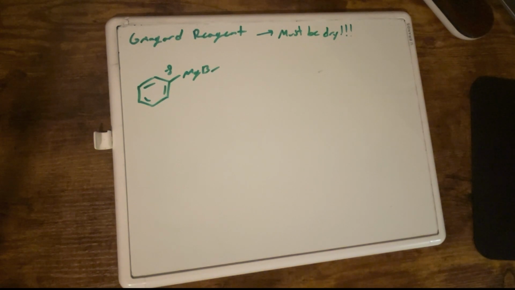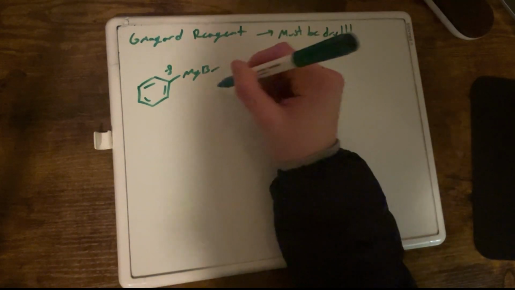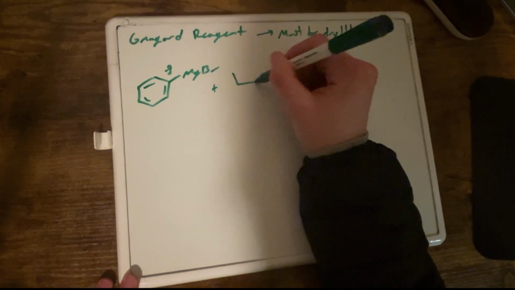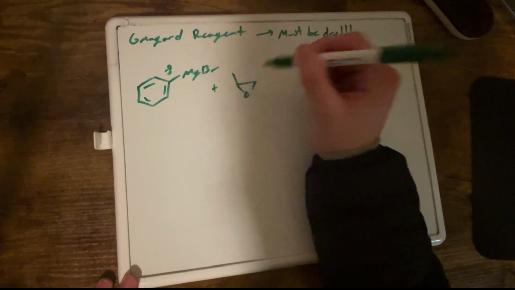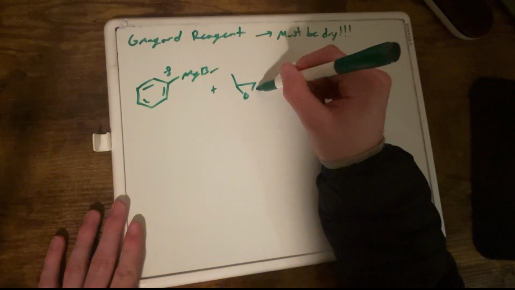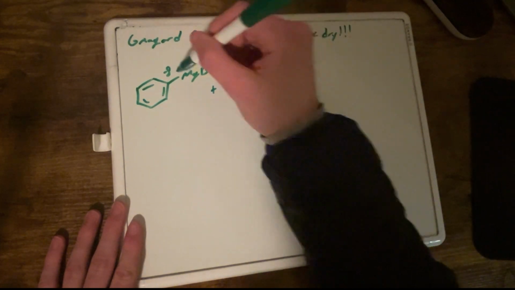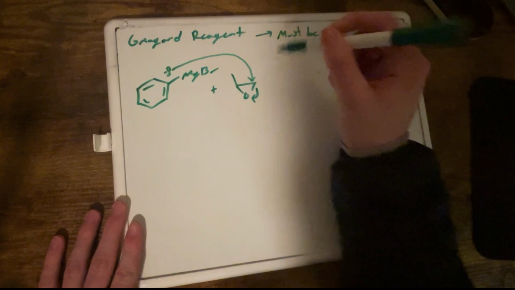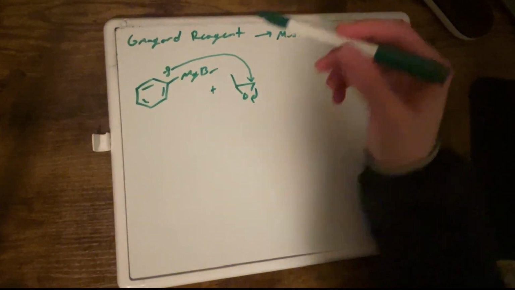And when we react it with this epoxide here, what happens is these electrons go there, this partial negative attacks this side. Now, this is important to note.